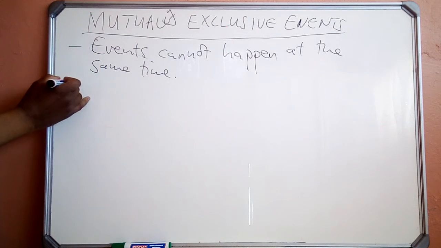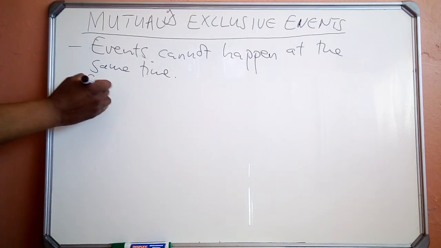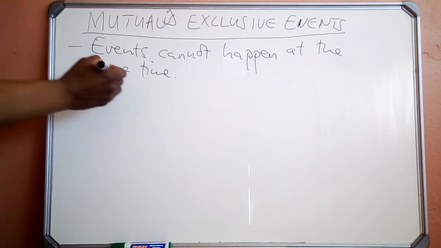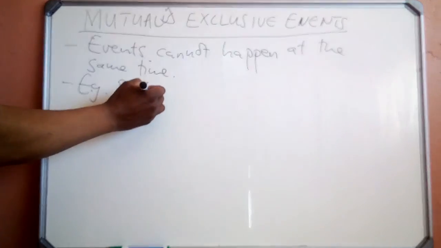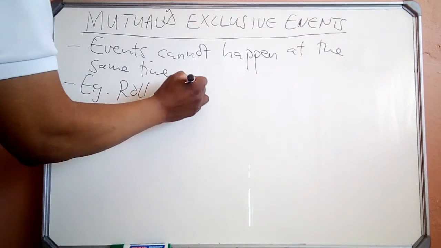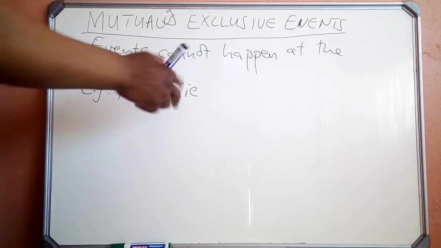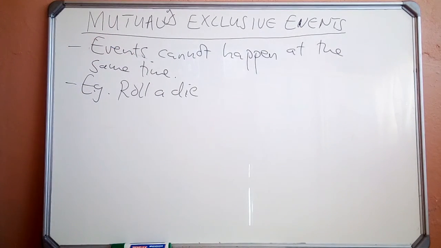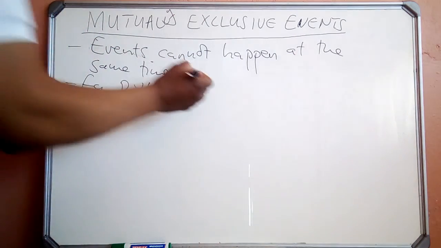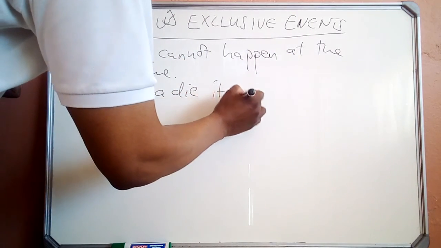Let us look at an example. For example, if you roll a die. You know that the plural for that is dice, singular is die. Now if you are rolling a die, it is impossible for you to have two numbers on the die at the same time.